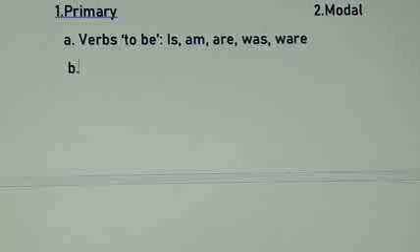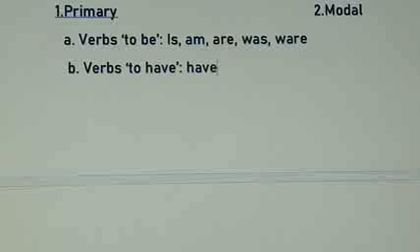Okay, in the next group, we will discuss verbs to have group. Dear children, in this group, we will discuss have, has, and had. Right?